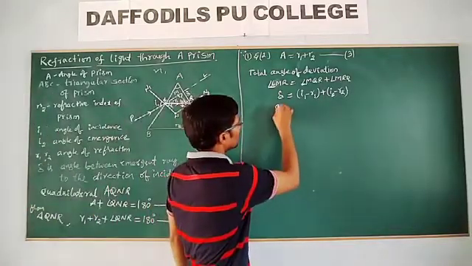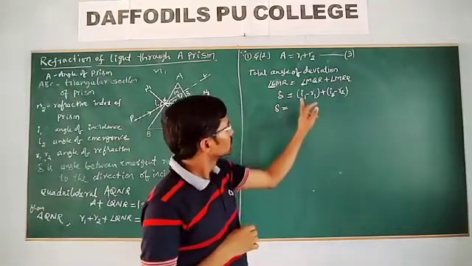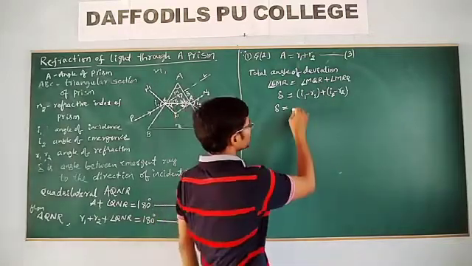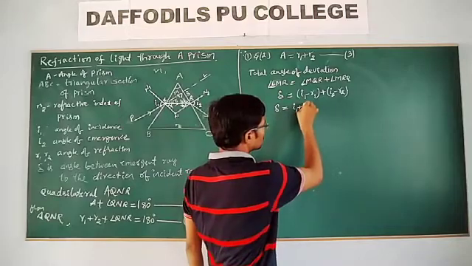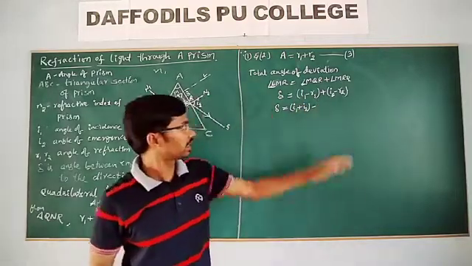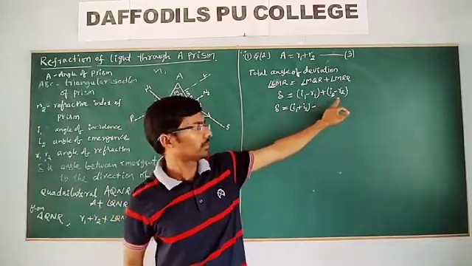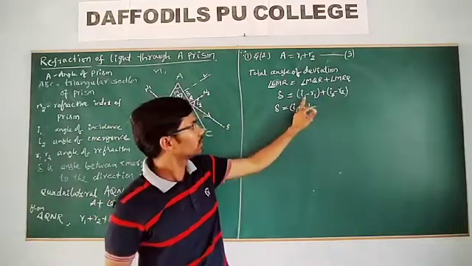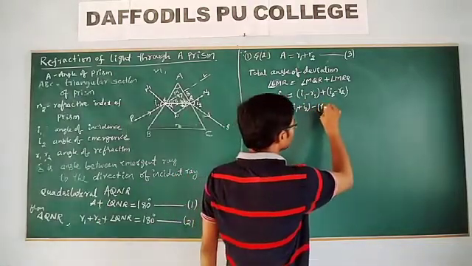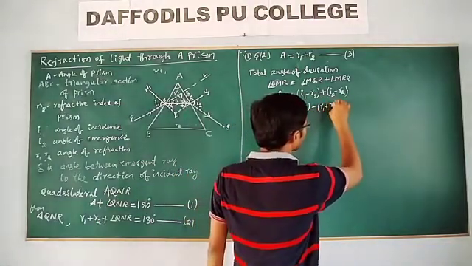Now delta is equal to, let me write I1 and I2 at one place, I1 plus I2 minus R1 minus R2. Combining these two, you can write minus of R1 plus R2.